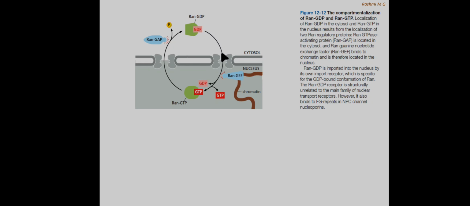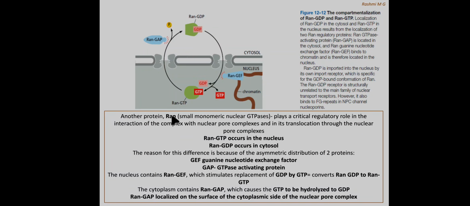In this you can see the compartmentalization of GDP and GTP. See, RAN GDP is present in the cytosol, RAN GTP is present in the nucleus. The action of both RAN GDP and GTP is regulated by other molecules, that is RAN GAP and RAN GEF.